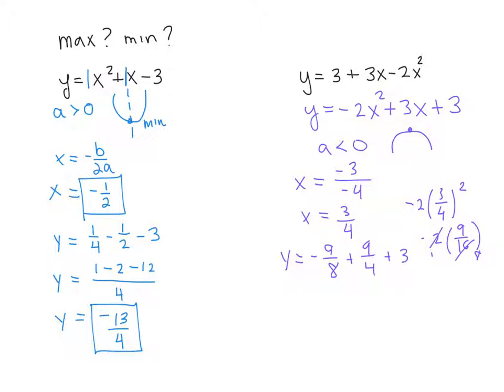The common denominator is 8, so we have negative 9 plus 18, and then plus 24. So negative 9 plus 18, that's positive 9. 9 plus 24 is 33. So we have 33 over 8. So the maximum value of y is 33/8 when x is equal to 3/4.